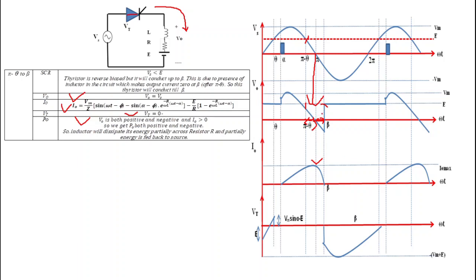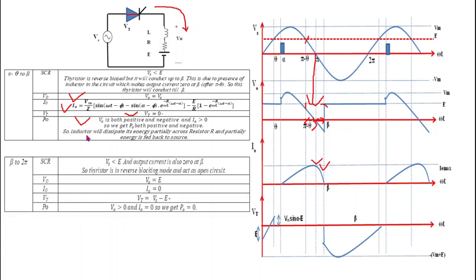That's why P naught is positive. But from pi to beta, V naught is negative and I naught is positive. That's why we get P naught negative. So we get both positive and negative power from pi minus theta to beta. So the inductor will dissipate its energy partially across resistance R and partially the energy is fed back to the source.